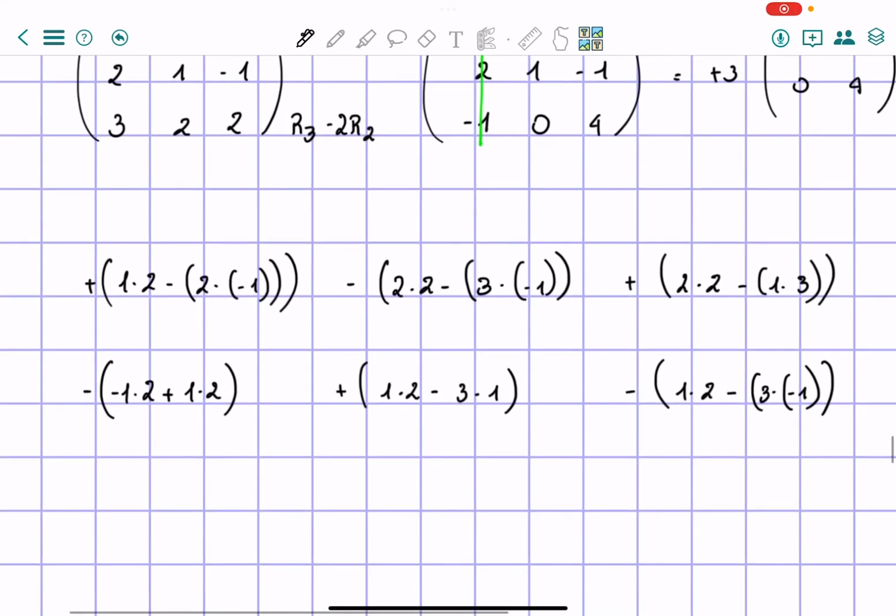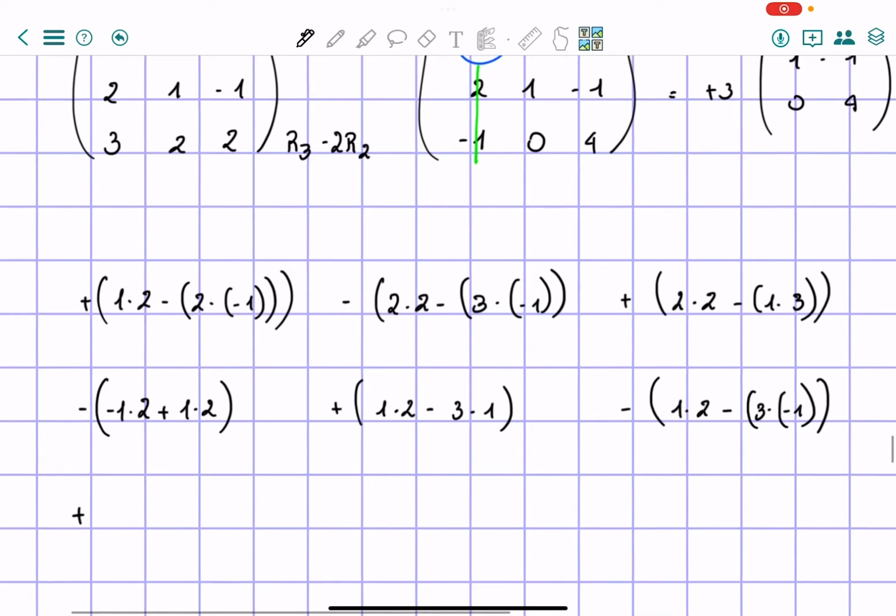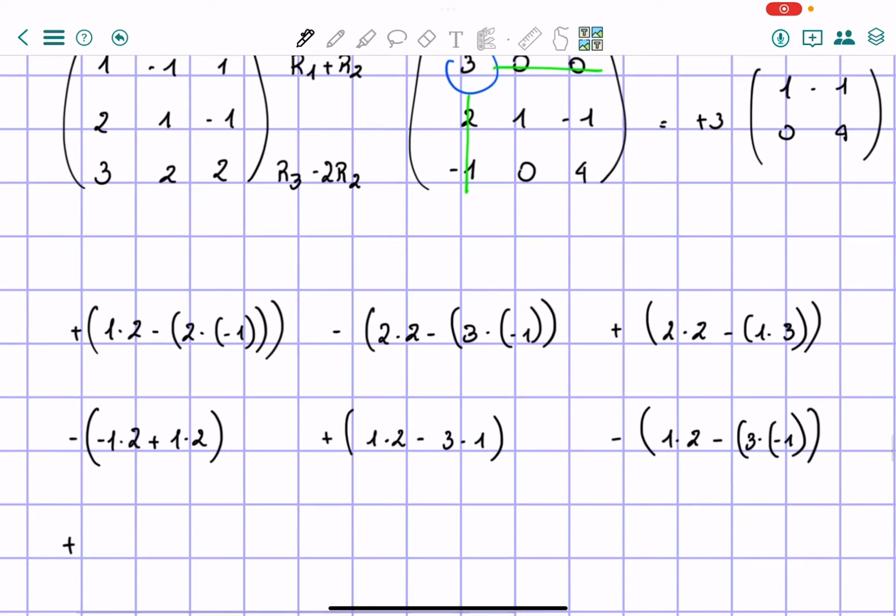Now, for the third row, first column, we're going to have positive. And then we have -1 times -1 minus 1 times 1. And then negative for this one right here.